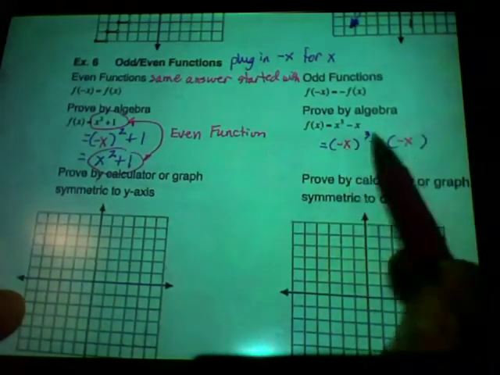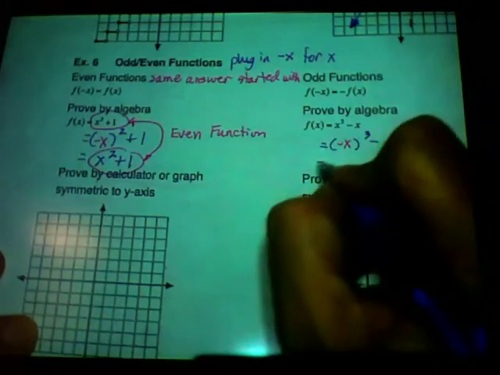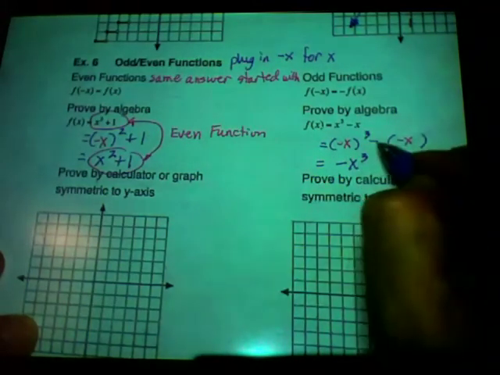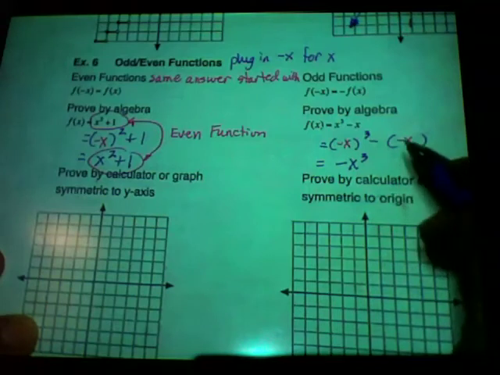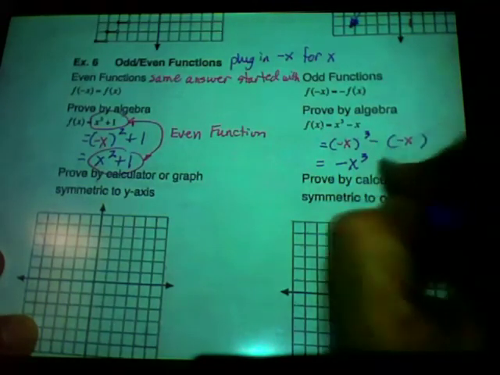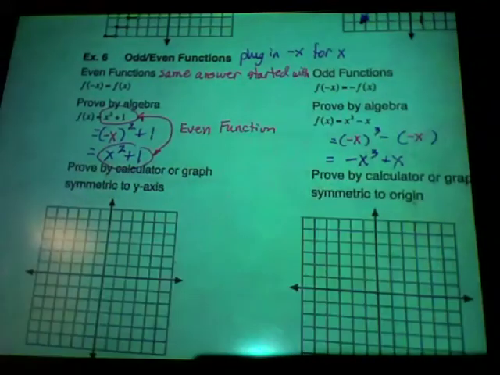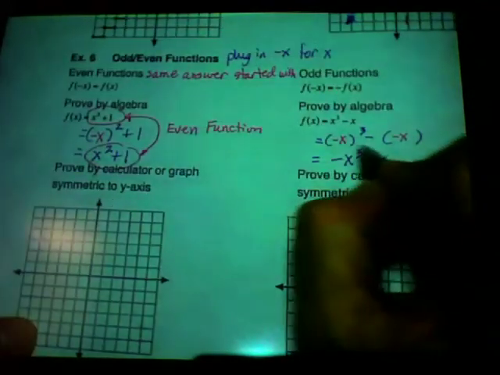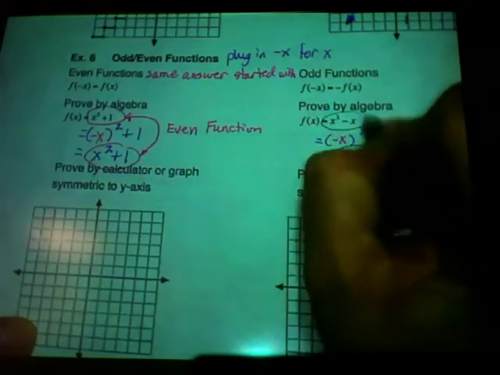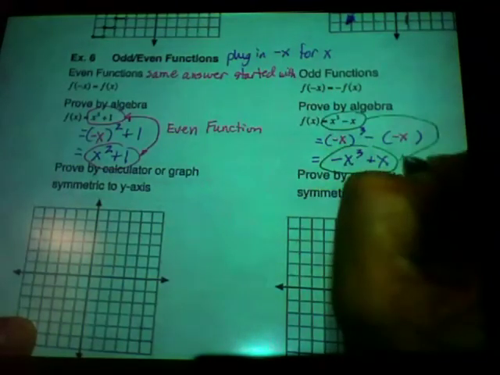What is negative x cubed? Negative x cubed, right? What's a negative times a negative x? What's a minus minus x? Plus x. Now I want you to compare this to the original function. Look at these two, compare.